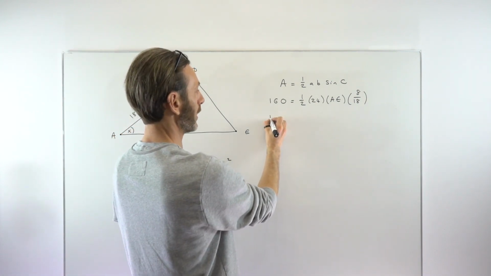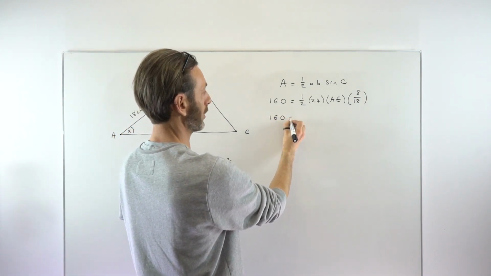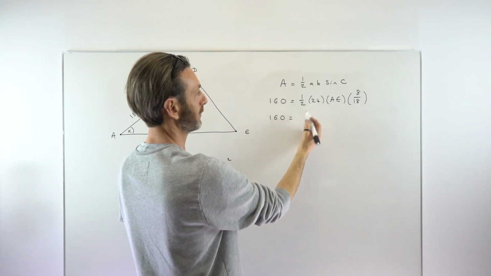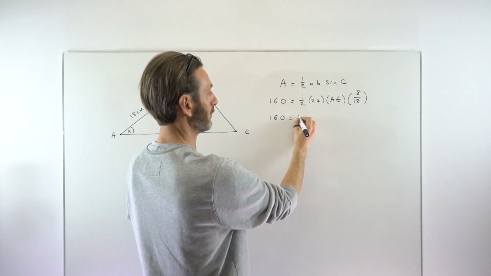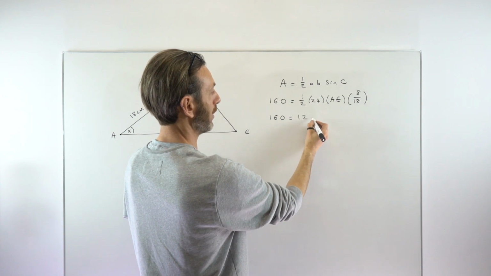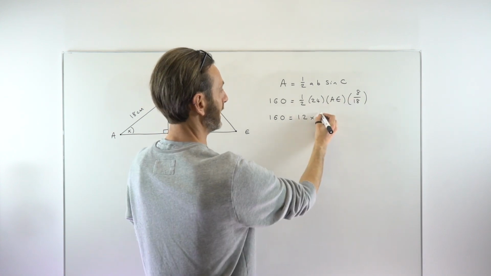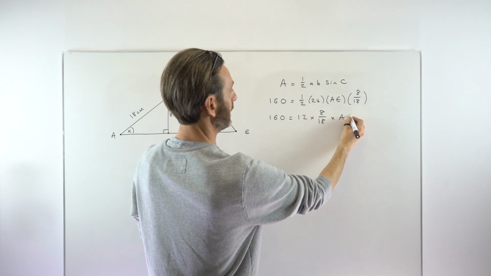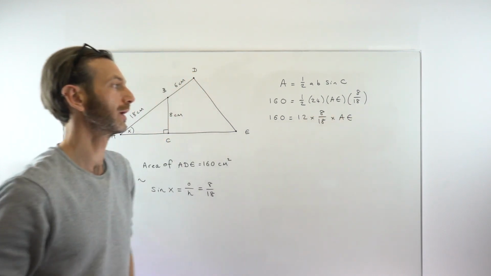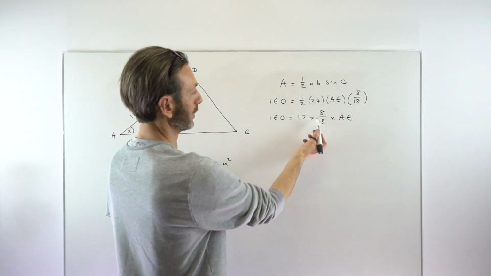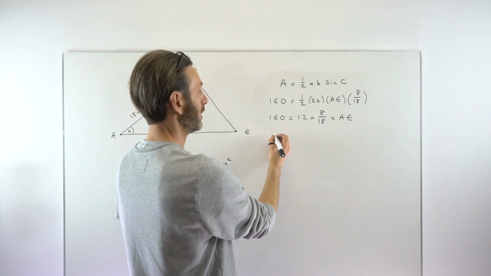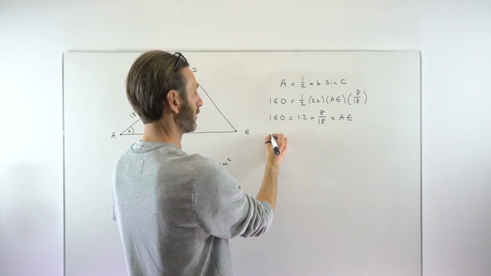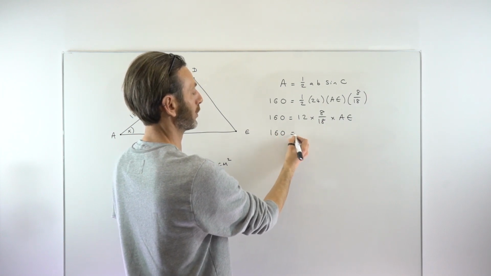It is a calculator question, so you could do some of this on the calculator if you wish, but a quick win here is 1/2 times 24. Half of 24 is 12. So that's going to be 12. I'm going to multiply that by the 8 over 18, and then times the AE. You could use brackets instead of the multiply signs. And then we just want to rearrange this. You could maybe multiply those together first. It's up to you how you want to do the calculation.